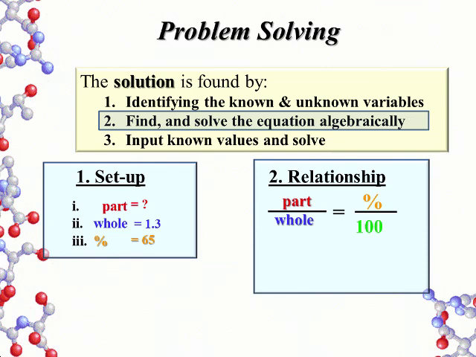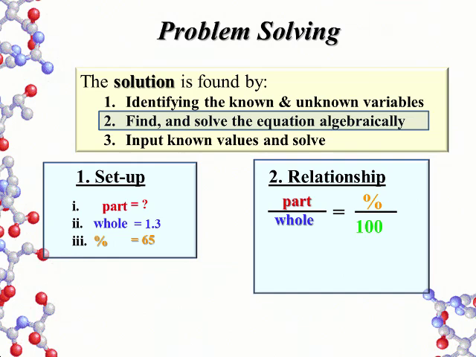The setup has taken us out of the word problem and listed the components of the solution. Somewhere there is an equation that has the unknown variables in terms of the known variables. The percent equation is the relationship in our demo problem. It is not, however, solved for the unknown. Part is not isolated.